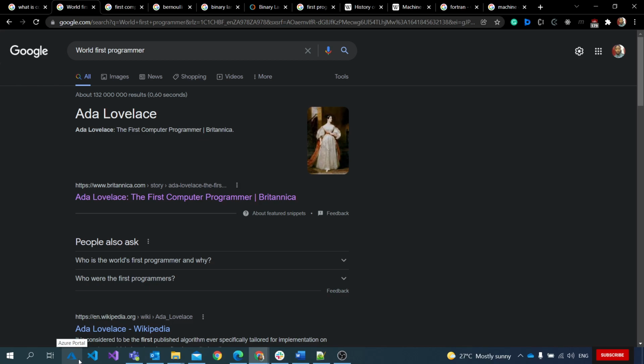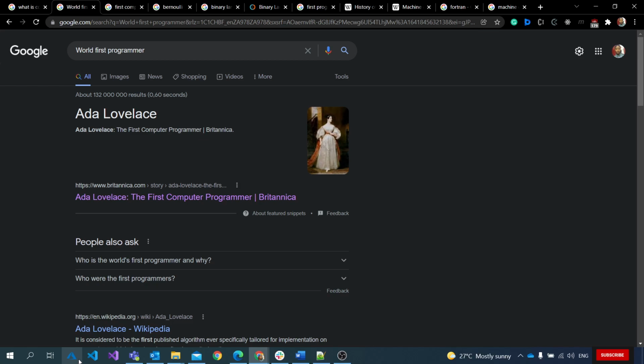Because of her contribution to science and STEM, there's a day dedicated to Ada Lovelace, the second Tuesday in October, where the STEM community celebrates the contribution that she has made to the science space.